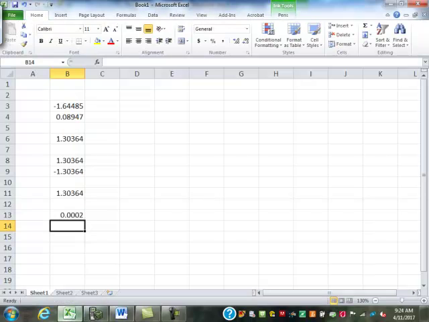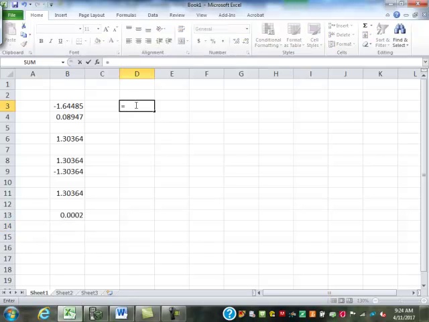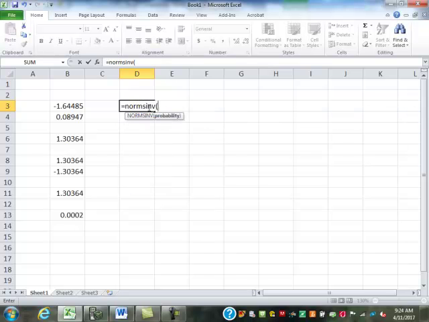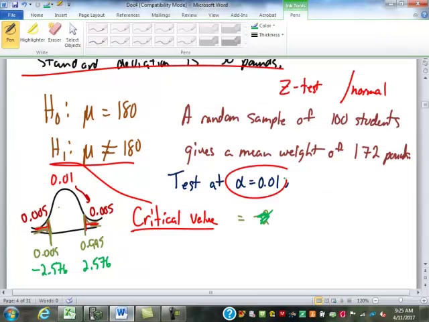In Excel, it's just equals NORM.S.INV. Remember, I have to have the S in there. 0.005. There's the negative 2.576 again.